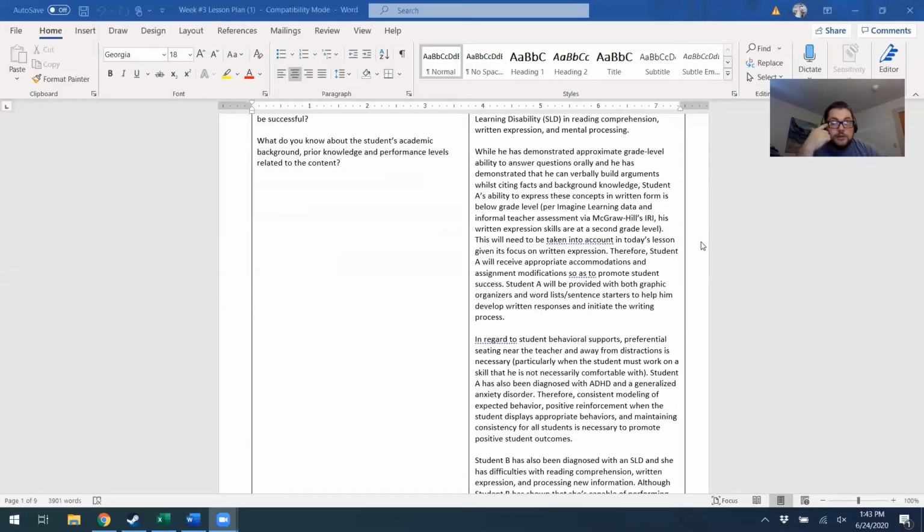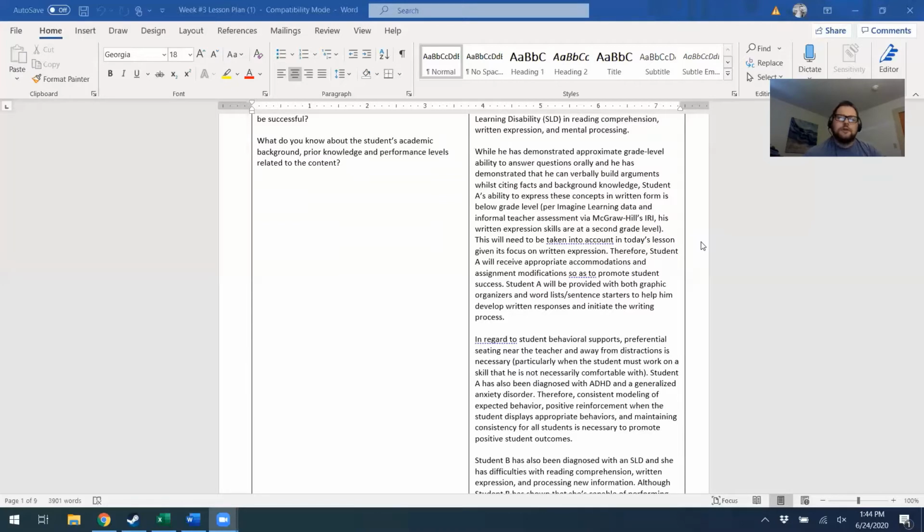Today, this particular lesson would have a heavy focus on student writing, and therefore student A would receive appropriate accommodations and assignment modifications so as to promote success. He would be provided with graphic organizers, word lists, and sentence starters to help him develop written responses and initiate the writing process.